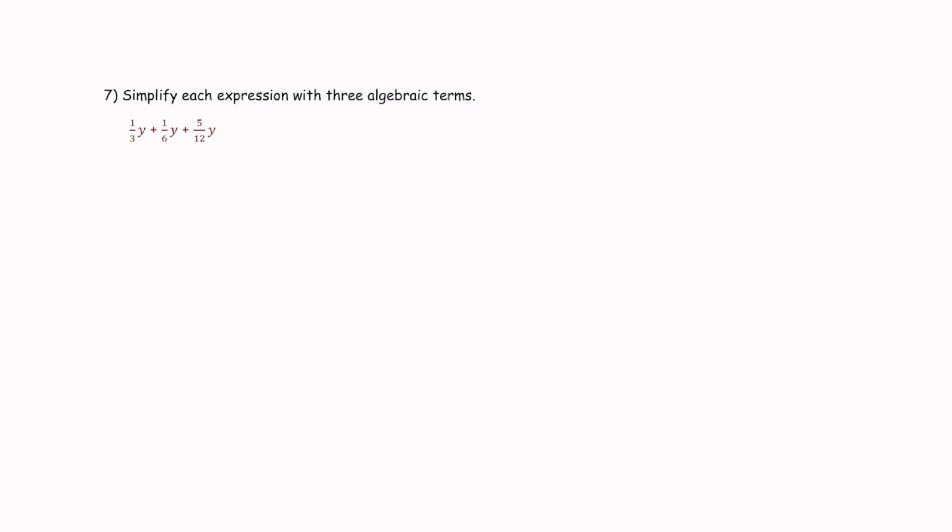Next. Now here, all the terms are with y. They all are like terms. But here, the denominators are not the same. It's 3, 6 and 12. So we have to find a common denominator. We need to have an LCM over here. How do we do this? There's a simple method. You can use all of them together and get the LCM. So I've written down all my denominators. I will start with 2, the first prime number. 2 does not go here, so 3 remains as it is. 2 times 3 is 6, and then 2 times 6 is 12.